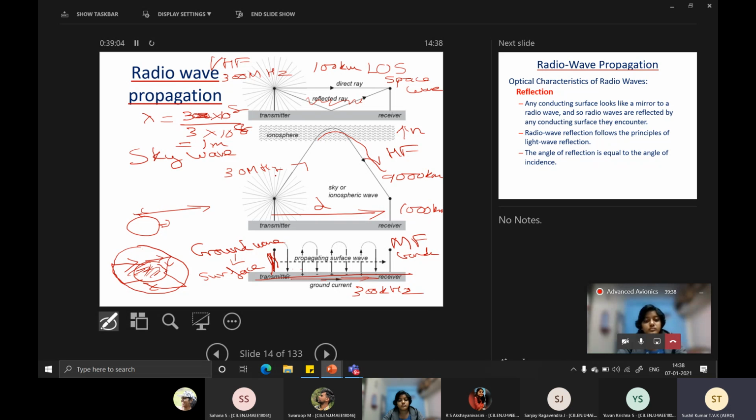Now if you say 30 megahertz, it becomes 10 meters. And if it is 300 kilohertz, lambda is 3 into 10 power 8 by 300 into 10 power 3, which is 10 power 3. So it is 1 kilometer. So what's going to happen now?